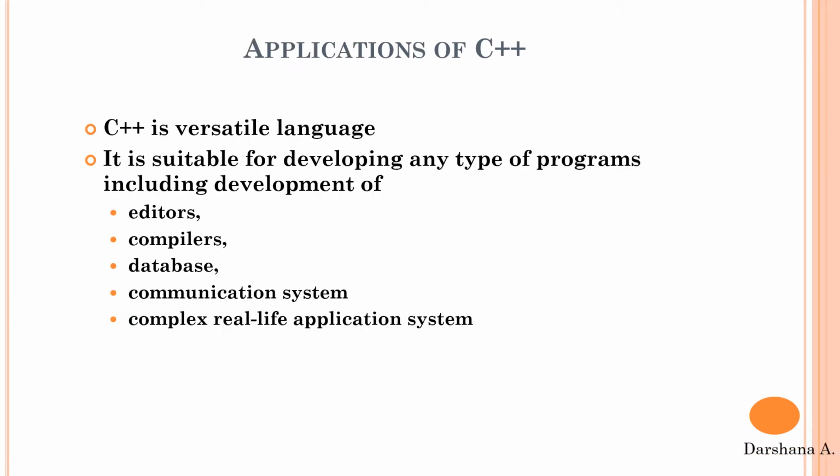Applications of C++. C++ is a versatile language. This means that C++ is suitable for developing any type of program, including editors, compilers, databases, communication systems and complex real-life application systems. Since C++ allows us to create a hierarchy of related objects, special object-oriented libraries can be created and later used by programmers to build a variety of software.